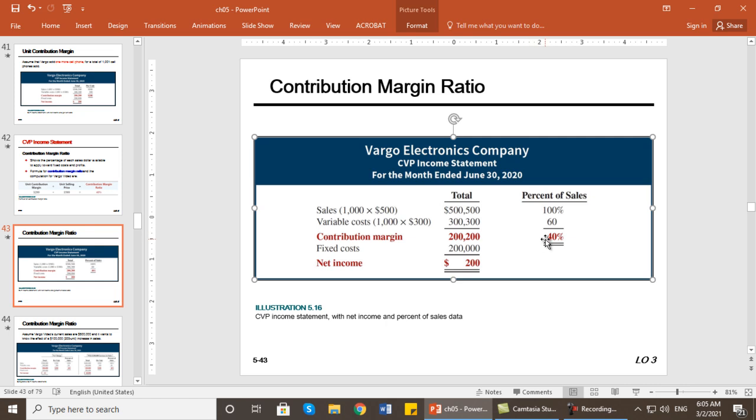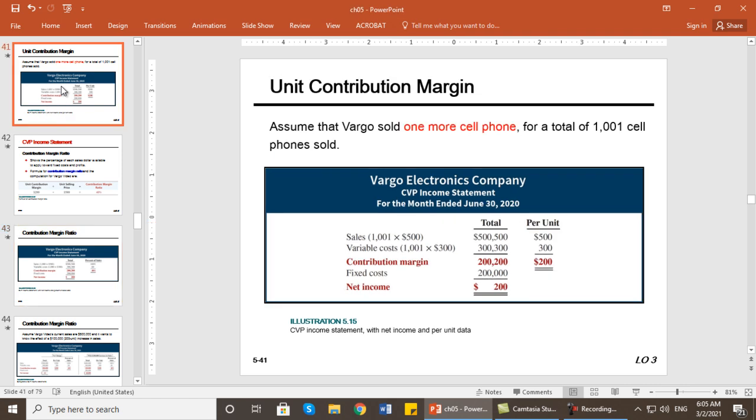The remaining 40% is contribution margin, or if we divide contribution margin by the sales, 40%. As you see, this is the correct thing here.